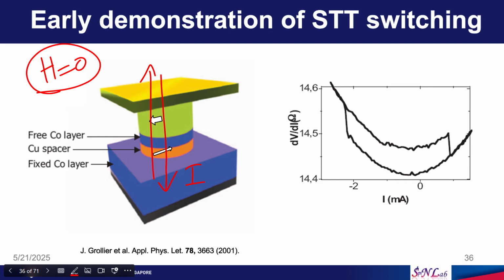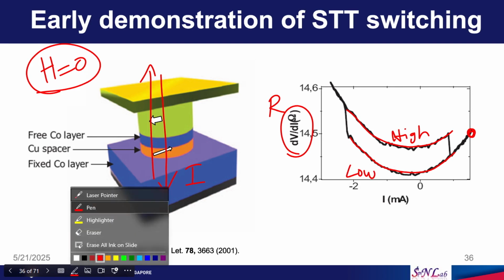So if we start from this point, you can see that there are two states, one is this state, another is this state. Your y axis is the resistance. This is high resistance, this is low resistance. Let me use a different color.